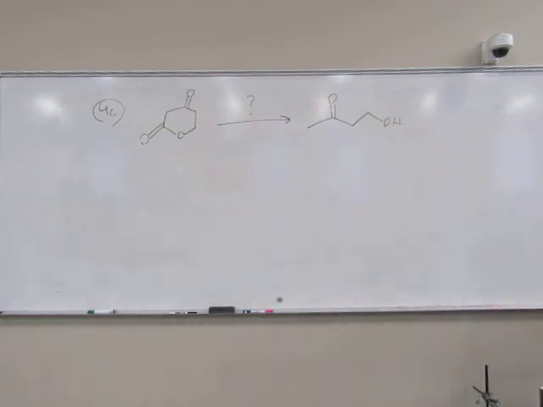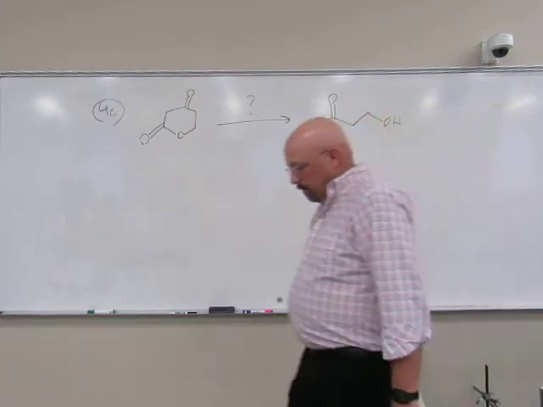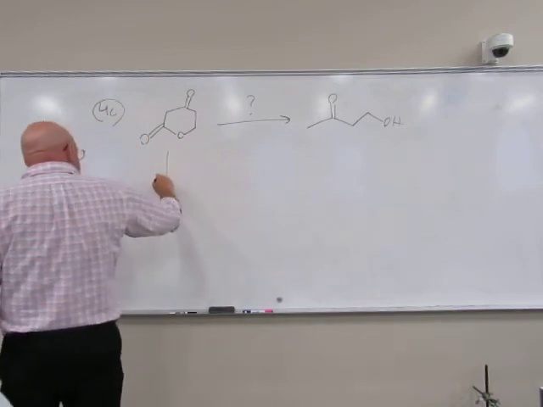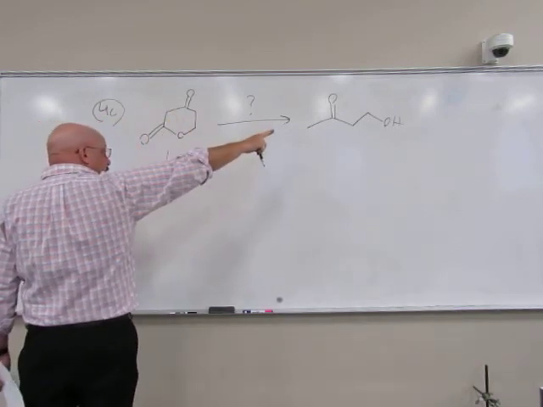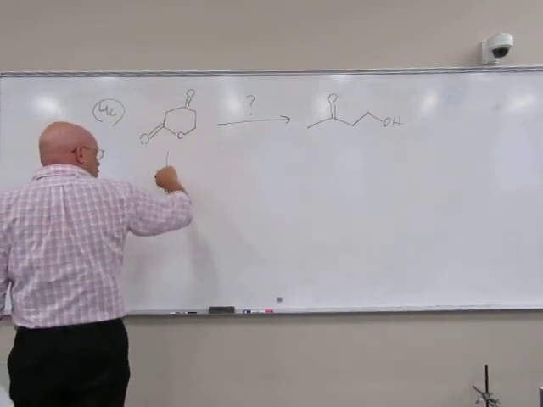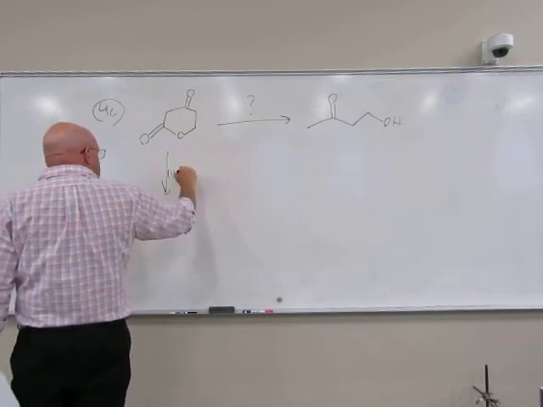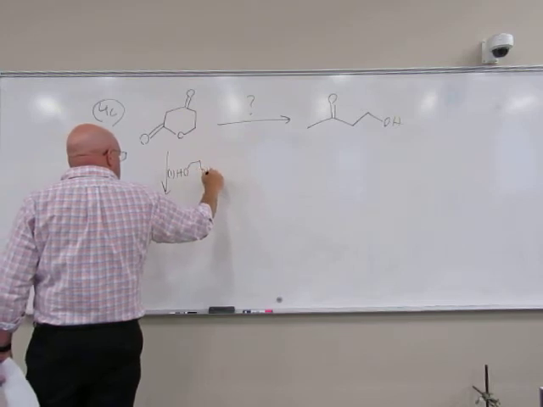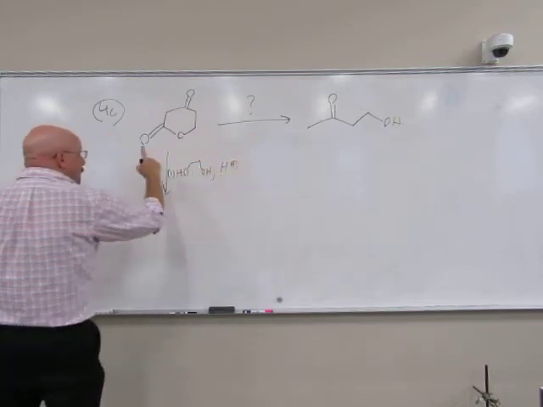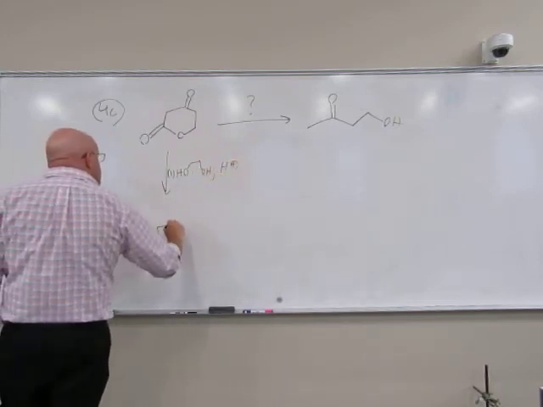So at some point I've done some kind of a reduction there, but I've left the ketone alone. So first thing we need to do is protect that ketone. If I've still got a ketone there, I need to protect it here so we keep it all the way through. So we're going to react here in the first step. We'll react with the diol, acid as a catalyst. That will make the cyclic acetal.